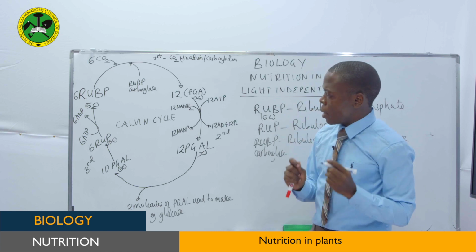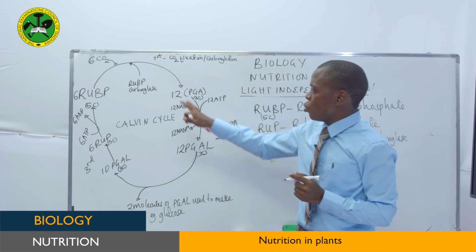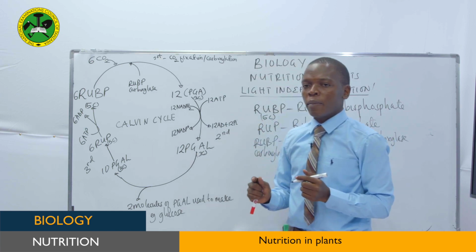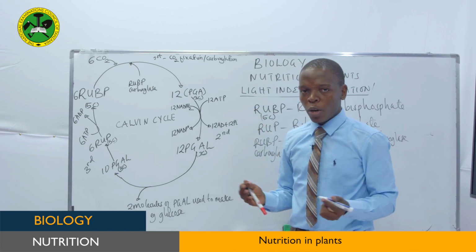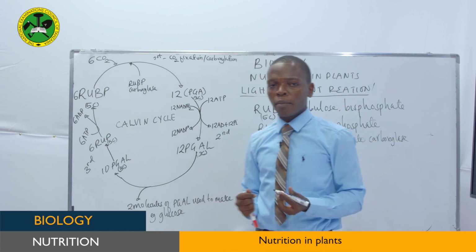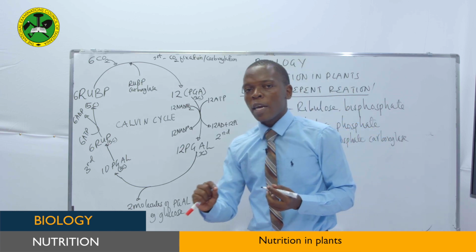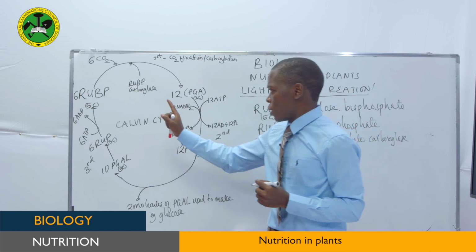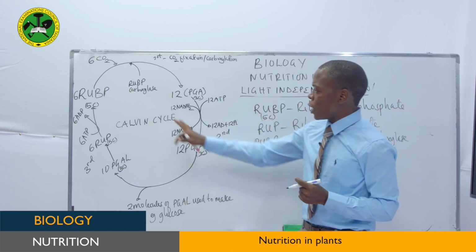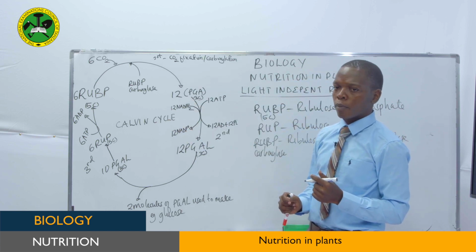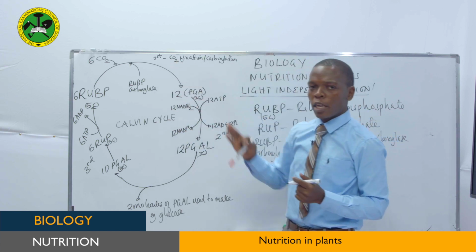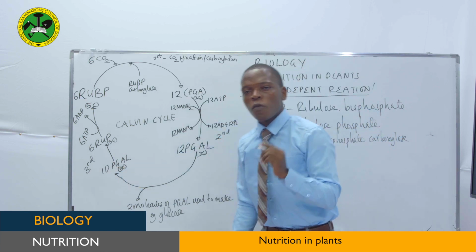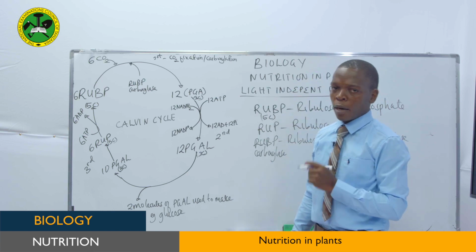Up to now, I think you are able to explain the Calvin cycle diagrammatically. For example, if the question is, with the help of diagrams, describe the Calvin cycle, you should be able to explain each step from carbon dioxide fixation to the regeneration of the carbon dioxide acceptor.